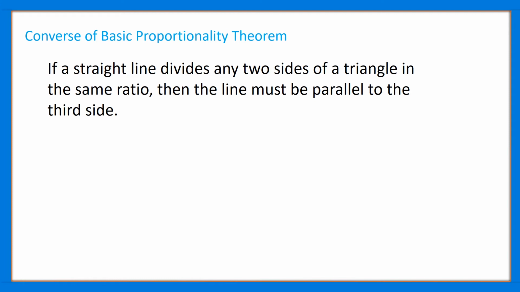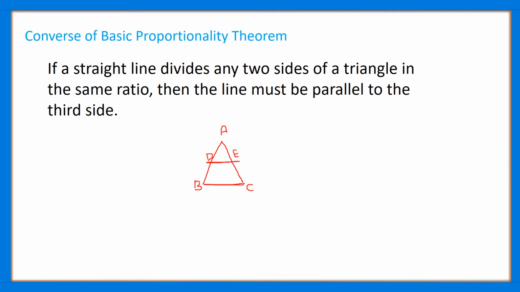That is, if we have a triangle ABC, and if we draw a line like this and it divides the sides AB and AC in the same ratio, then this line DE must be parallel to BC.